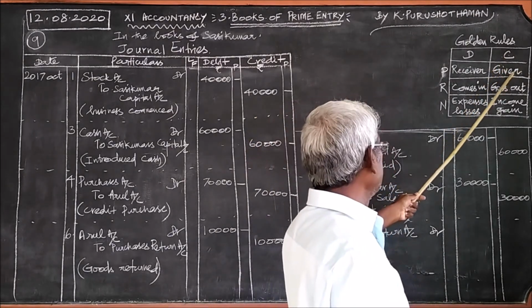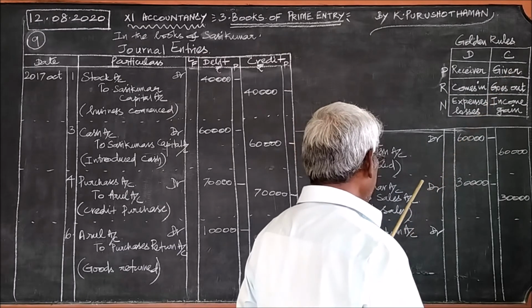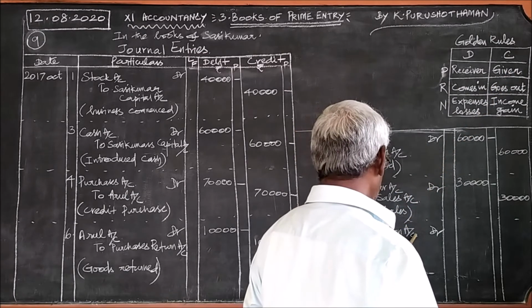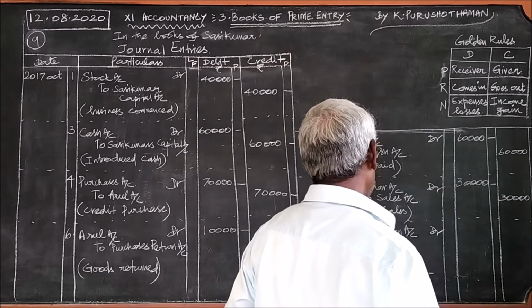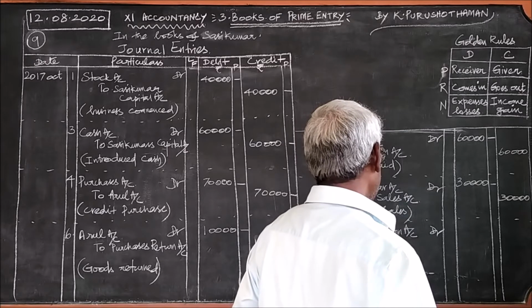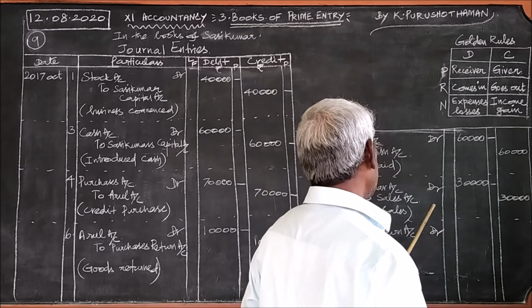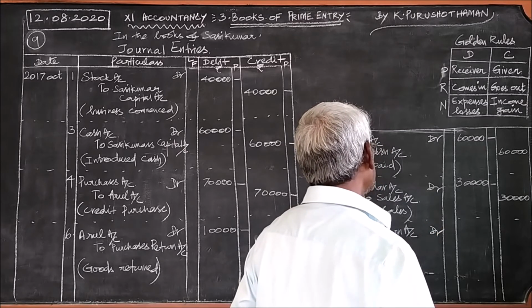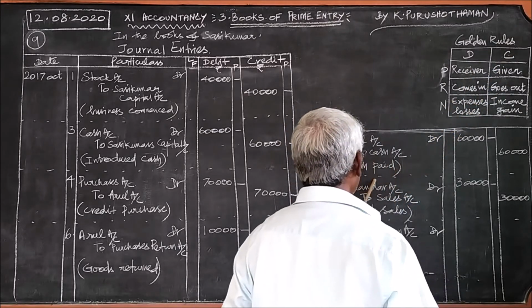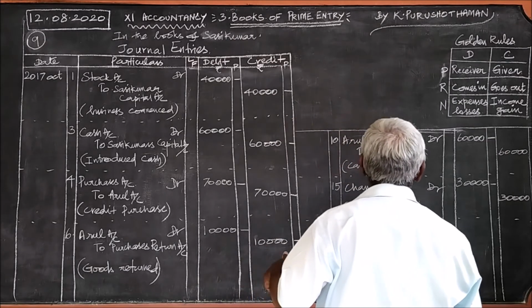Who is giving? We sold to Chandar, so Chandar is returning the goods. The goods come in, and we should not write the goods account debit, but we should write sales return account debit. To giver, who is giving? Chandar is returning the goods.